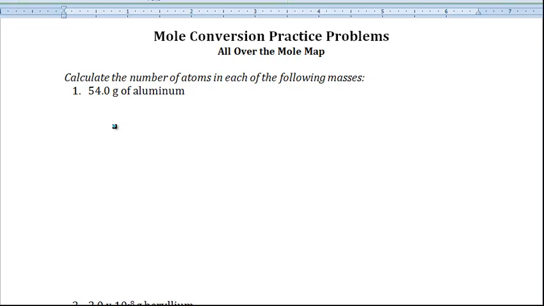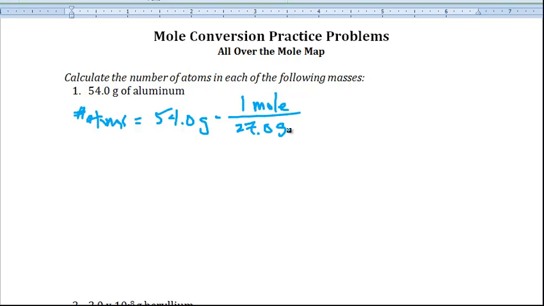All right, so number of atoms equals 54.0 grams. We've got to convert that into moles, and to do that, we multiply by 1 mole over the atomic mass of aluminum, which is 27.0 grams.